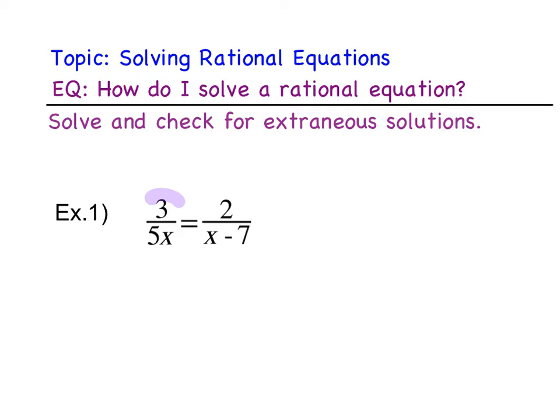So I'm going to multiply these two here, and then I'll multiply these two here. When I multiply the 3 times the x minus 7, remember that doesn't create a new fraction, it creates a new equation. And then we take the 5x times the 2.